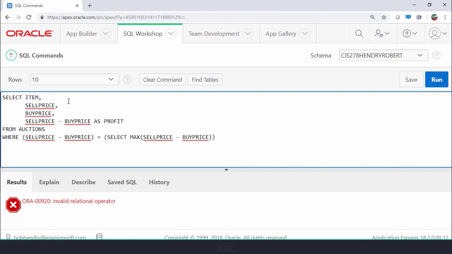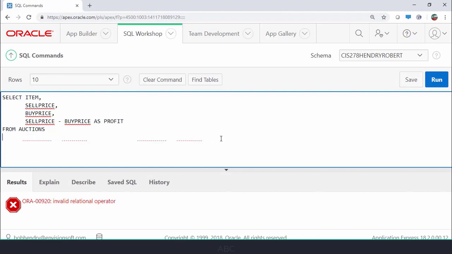And let's see, select item, sell price as profit from auctions, where sell price minus buy price equals, let's see. Let me get rid of this. And if you want to do some intermediate stuff, before we do this where clause, we'll do this where clause in a second.